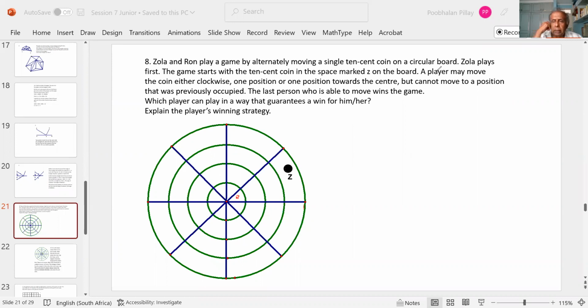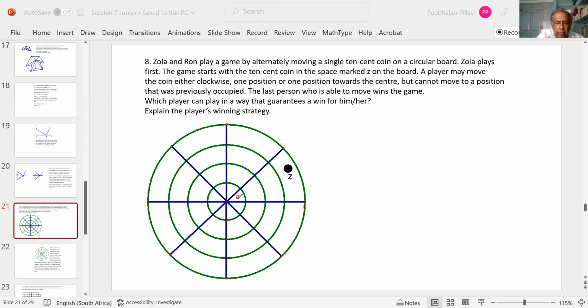There's another condition: a player may move either clockwise one position, or one position towards the center. So you can't go backwards. You can either move clockwise, go down like this, or move to the center. You can't go anti-clockwise.